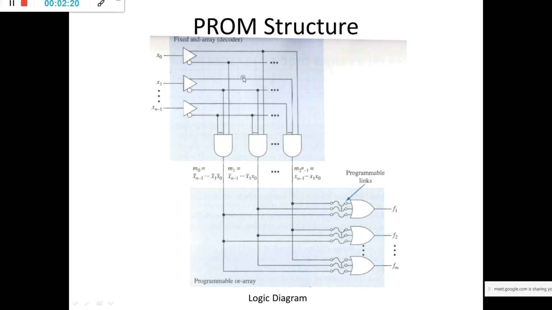So this is a PROM structure. We have x0, x1, up to xn minus 1 inputs connected to these inverters or buffers.